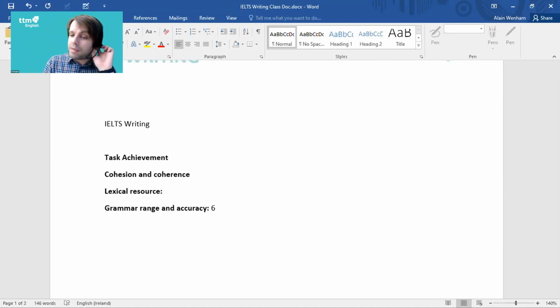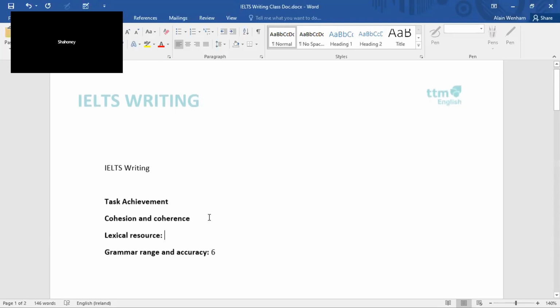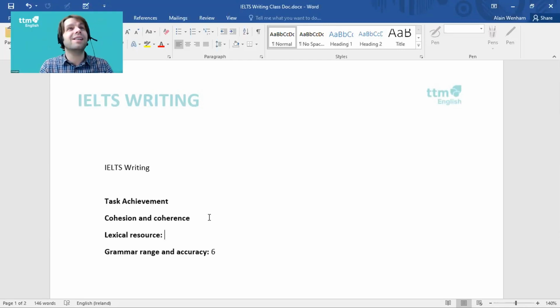Lexical resource, what does that mean? Shani, can you tell me, what does it mean, lexical resource? Using a range of paraphrasing. That would be more like cohesion and coherence, actually.